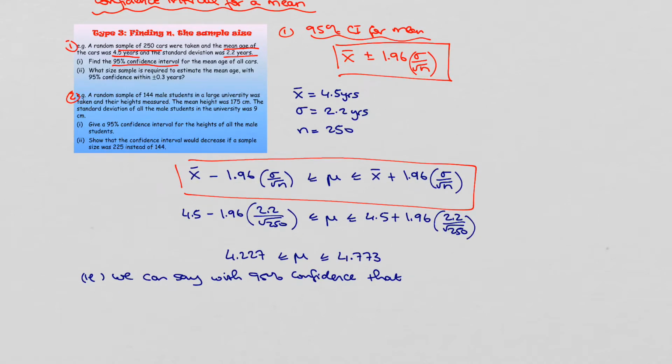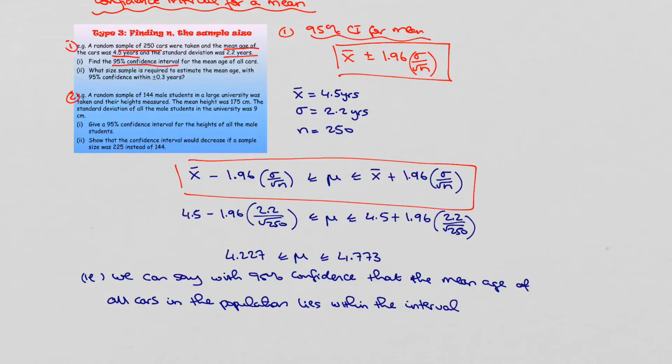So in other words, we can say with 95% confidence that the mean age of all cars in the population lies within the interval of 4.227 years and 4.773 years. So it's always really important to add in our sentence to kind of put it into context.